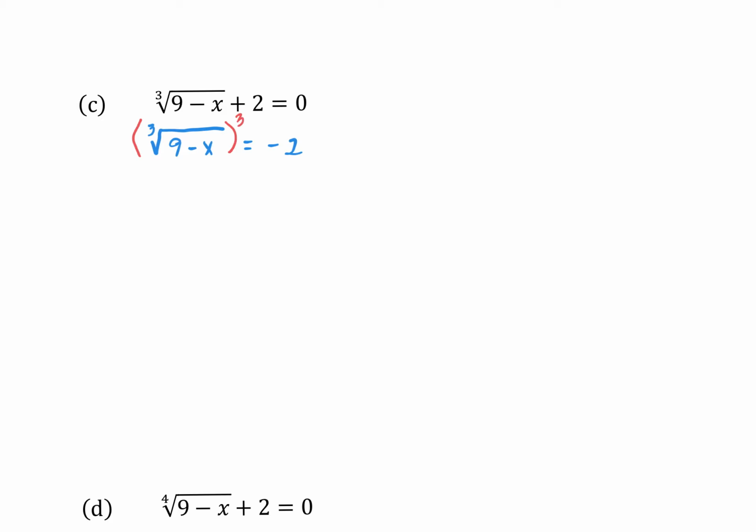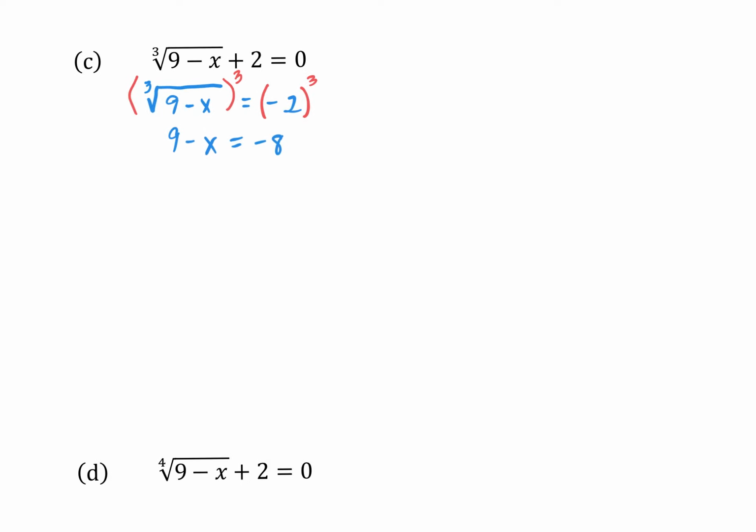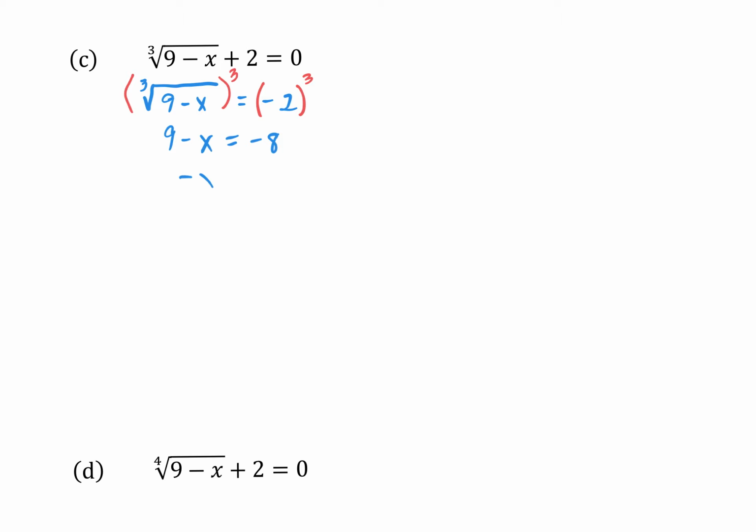So remember, to get rid of the root, the exponent has to match the root. That will give me 9 minus x on the left and negative 8 on the right. If I subtract 9 from both sides, I get negative x is equal to negative 17. So x is equal to 17 would be a possible solution that I will check.